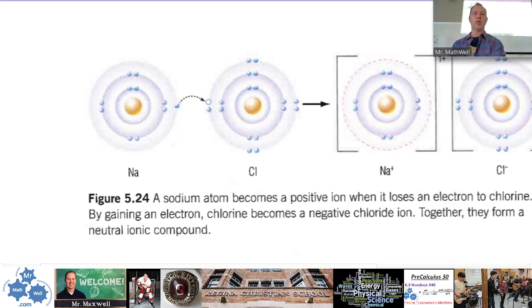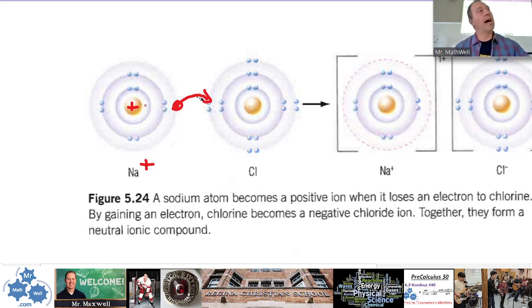So that's why sodium, when it loses this electron and it goes somewhere else, becomes positive. Because you've got a big positive charge here, and now you don't have enough negatives to balance it. So it becomes overall a little bit more positive.